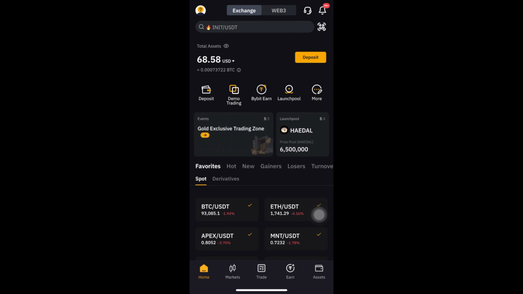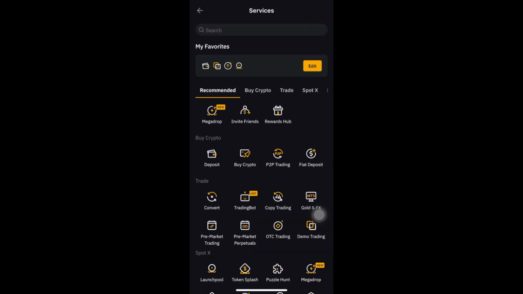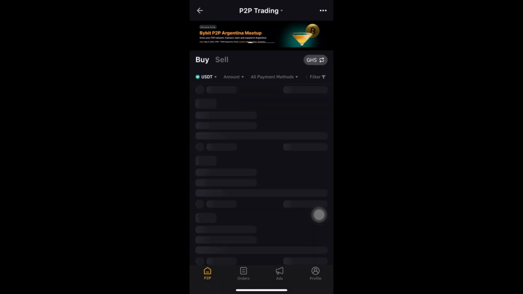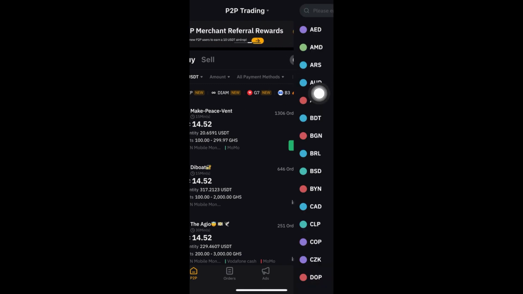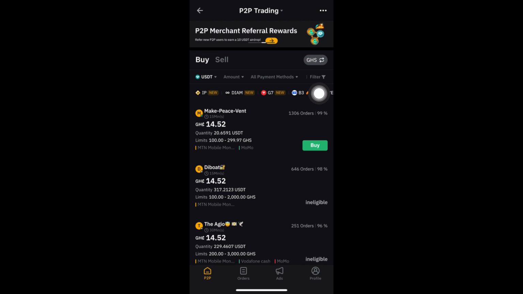After verifying, you have to deposit money in your Bybit wallet. This is how you do it: you go to P2P, and you have to buy the coin, so you buy the USDT. At times when you switch to it, it will be in dollars, so you have to click here and switch it to Ghana cedis.